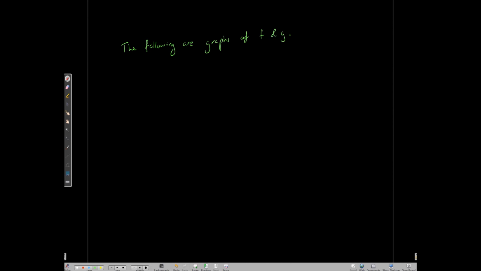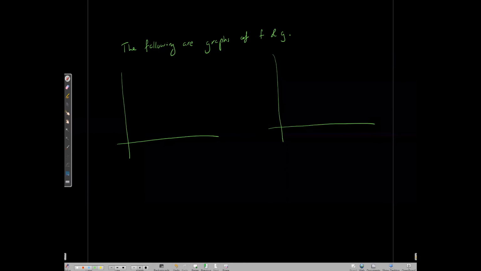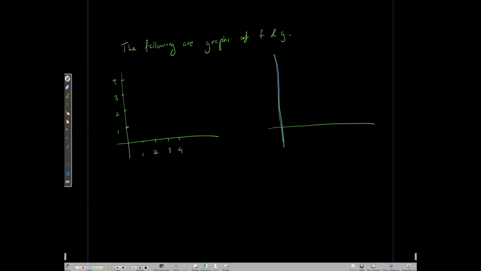Now, without specifying what the functions are, actually you can write down the function by looking at the graphs. You know how to do that, but without doing that, let's say 1 2 3 4, 1 2 3 4. I probably should use a different color for the next one.